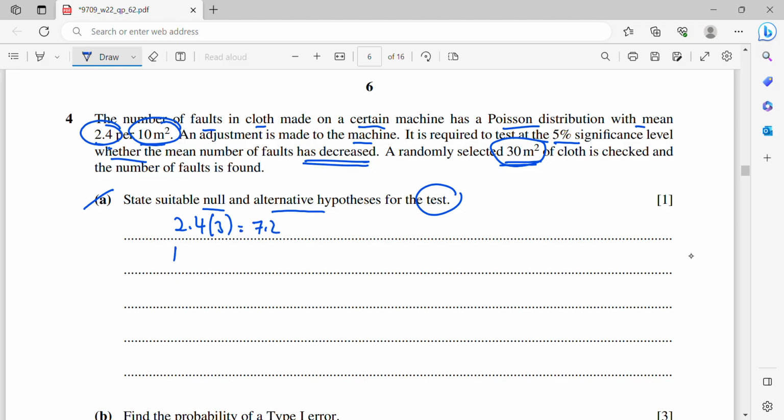Then our H0 is λ = 7.2 because it's Poisson distributed. And H1: because now you need to check whether the mean number has decreased, it will be λ < 7.2. So that's the solution for A.